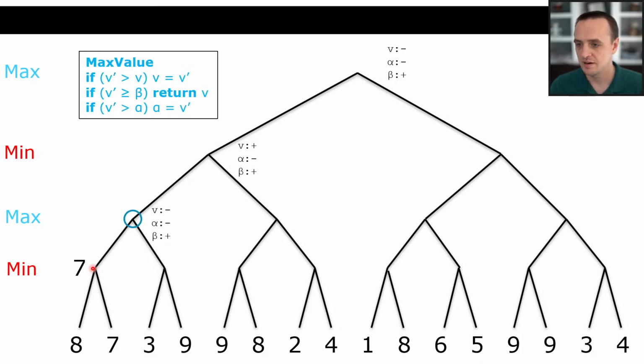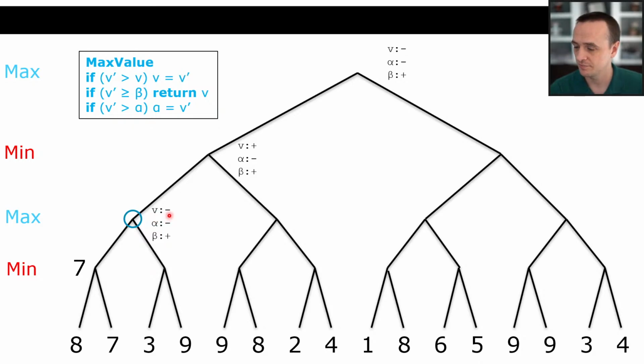Now I look at this maximizing step, because the maximizer is trying to maximize over these things. This step says, now we're trying to maximize, so we're doing greater than. Look at this value. If that's our new v prime, if that's greater than v, then v equals v prime. So is it greater than minus infinity?